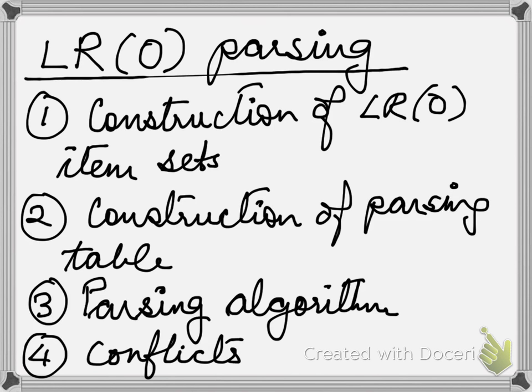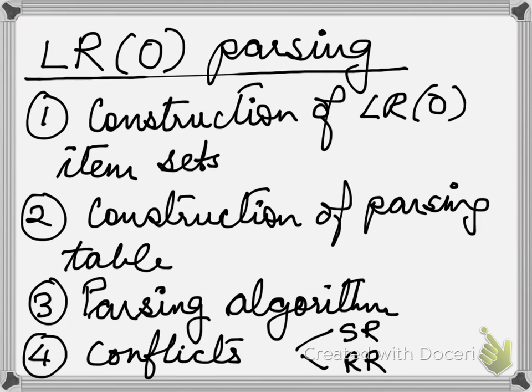Now, when we did all these steps, we also saw that LR0 parsing can have two types of conflicts. That is shift-reduce conflict or reduce-reduce conflict. So we had discussed all of this earlier.